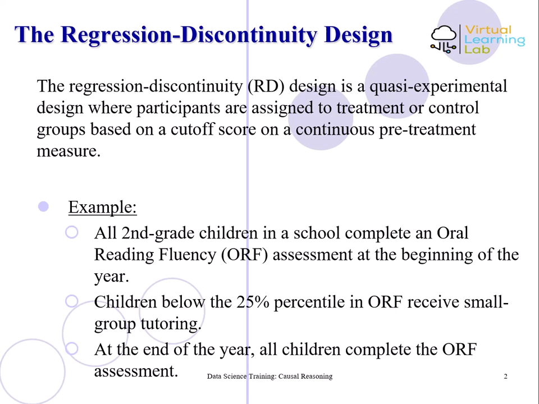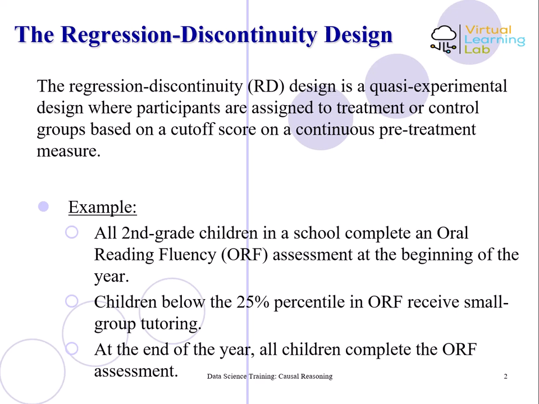The regression discontinuity design is a type of quasi-experimental design that does not require random assignment to conditions. It is for a specific situation where assignment to treatment is based on a cutoff on a continuous pretreatment covariate.